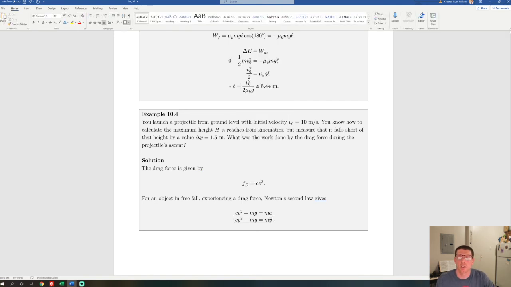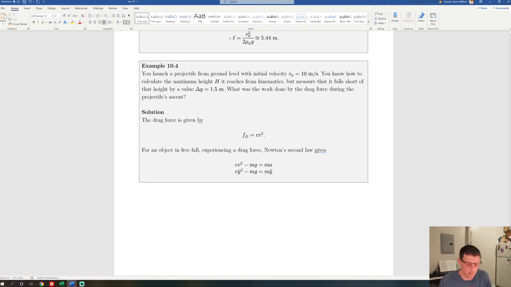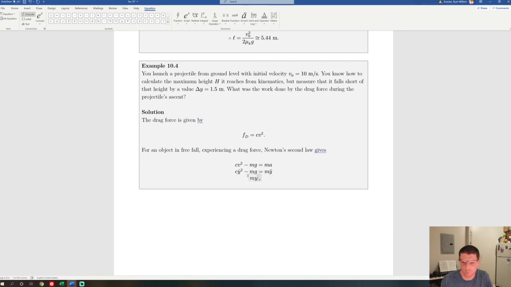Now, this makes it clear that we have a differential equation on our hands, right? And we could write this one more time, just putting this in the standard form of a differential equation. And it's okay if this is very unfamiliar, because the whole point is that we're not really going to do much when it comes to solving problems involving drag forces because of the mathematical difficulties, right?